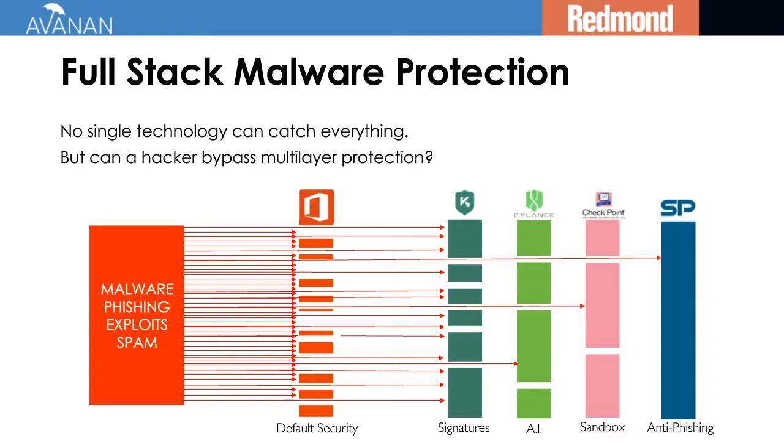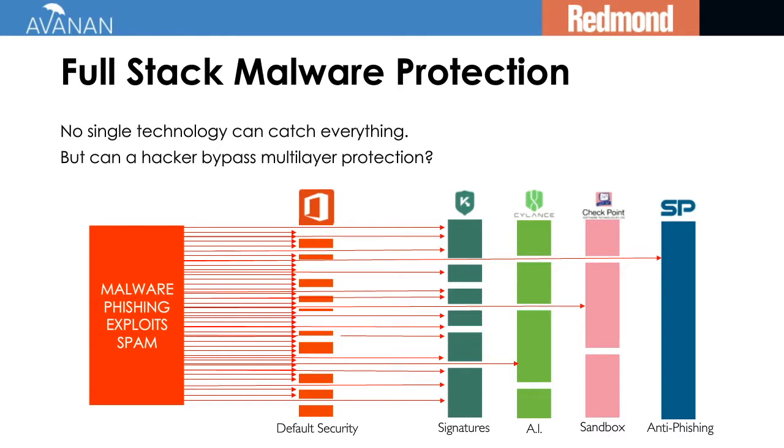And the reason why having these multiple layers is important is just the fact that there is no such thing as better security technology. No single technology can catch everything. Really, what we're wanting to do is add multiple layers, each with different types of technology, really just to up the ante, to ask, can a hacker bypass multi-layer protection?